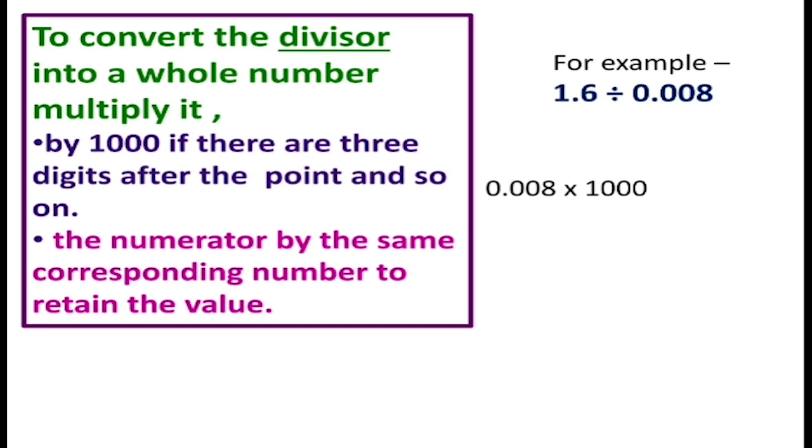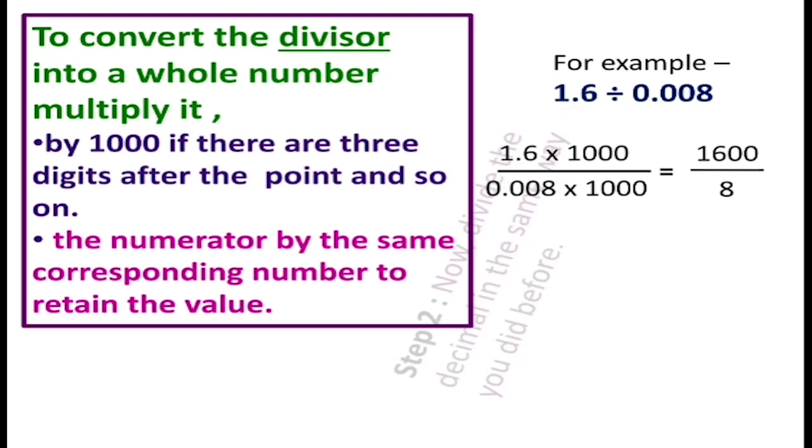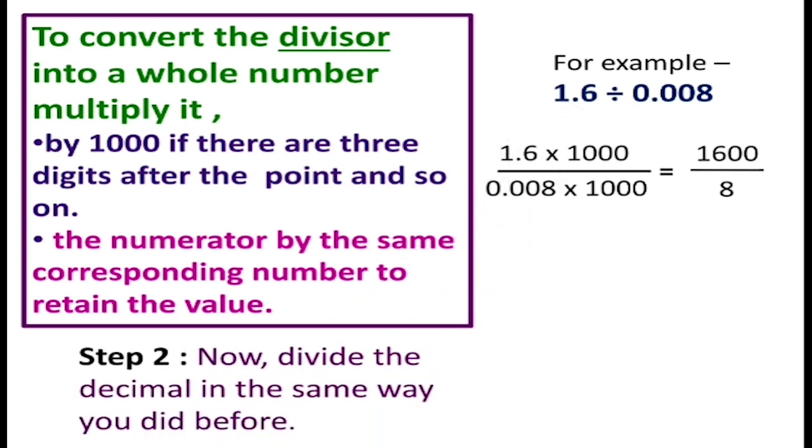The divisor has 3 digits after the decimal point. So the divisor will be multiplied by 1000. And if the divisor is multiplied by 1000, you have to multiply the numerator also by 1000. So 1.6 is also multiplied by 1000. When you multiply 1.6 by 1000, you get 1600, and when 0.008 is multiplied by 1000, you get 8. Now divide 1600 by 8.